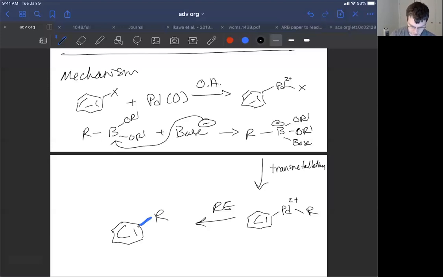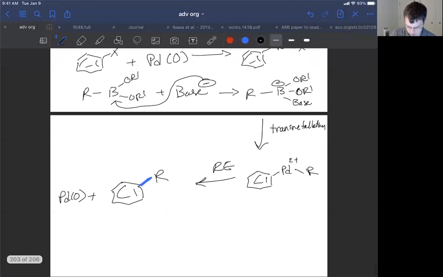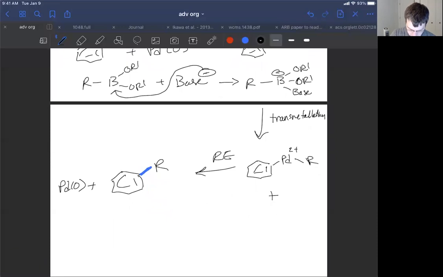So after reductive elimination, we regenerate palladium 0, and the transmetallation is going to also generate our BOR prime, OR prime, base, and X. And that just sort of washes away. Okay, so we have our product.